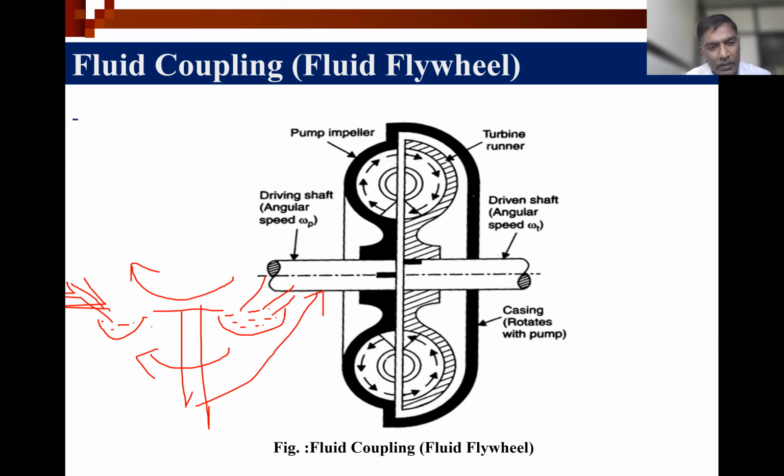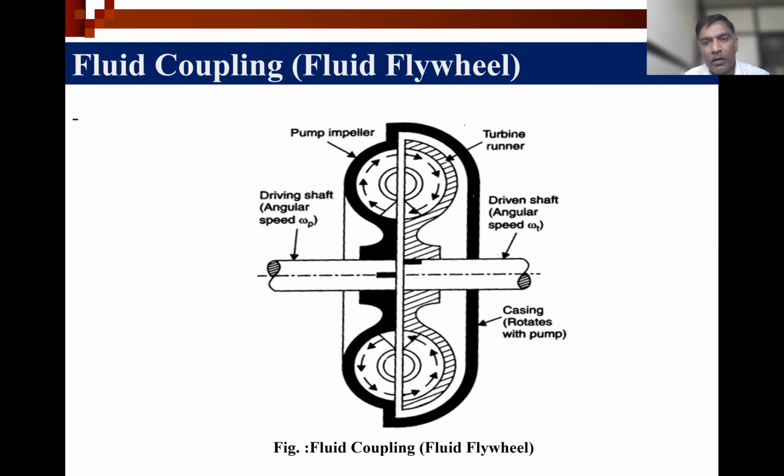हा जर shaft rotate केला तर इथं समजा ऑइल आहे, तर हे ऑइल असं फेकलं जाईल बाहेरच्या बाजूला, and the same way it is thrown or impinged on the turbine runner. तर हा ऑइल अशा turbine runner वर जात आहे, it is impinged on this, and ultimately there is rotation for the driven shaft.